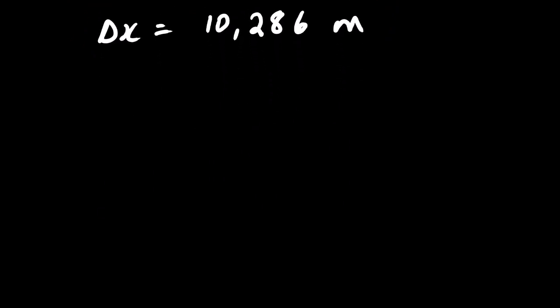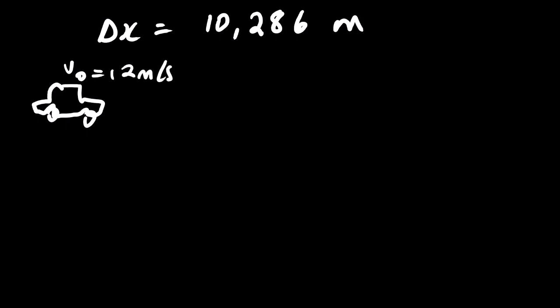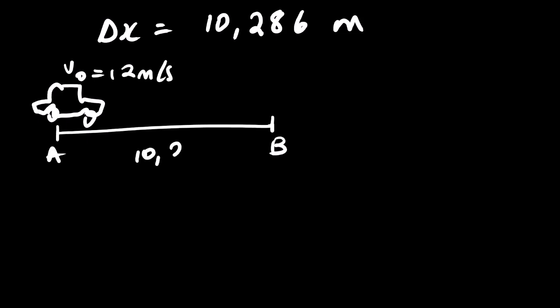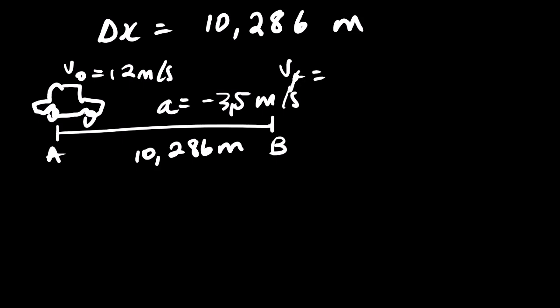This is the new data that we have. The car was moving at 12 meters per second, and it travels from A to B. The distance is 10.286 meters. Deceleration is still negative 3.5 meters per second squared. We are now looking for VF.